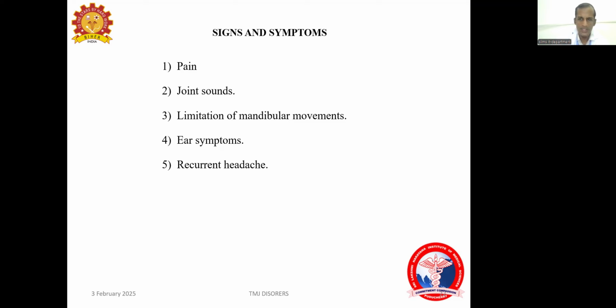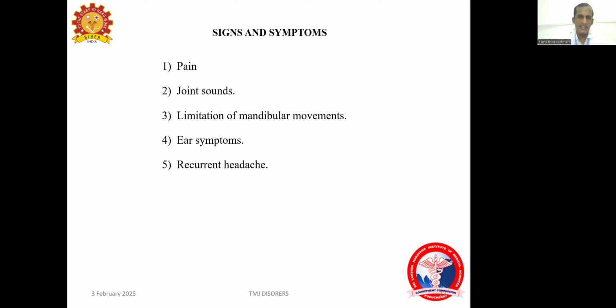The lower jaw will be restricted. The lateral movements will be restricted, and opening also will be restricted. There is also trismus. And if it is so severe, it can end up with pain in the ear also, ear symptoms. Basically, it can be associated with recurrent headaches also.